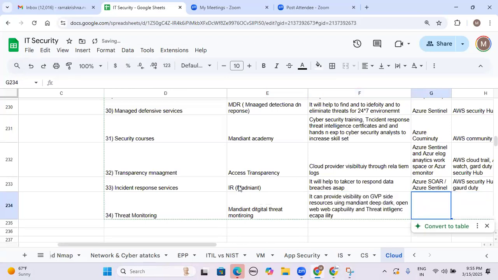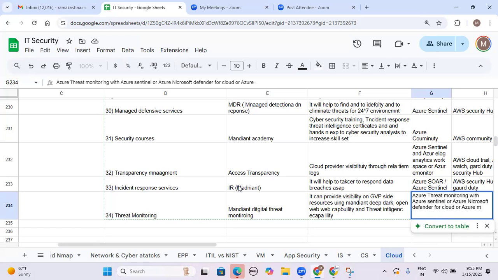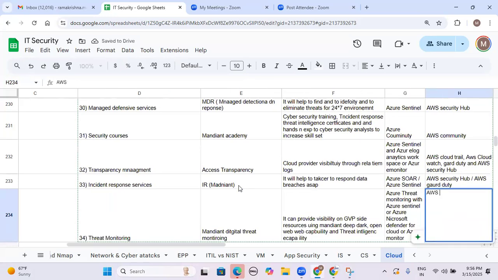As I said, on Azure, threat monitoring is with Azure Sentinel, Microsoft Defender for Cloud, or Azure Monitor. On AWS, this is GuardDuty and Security Hub.